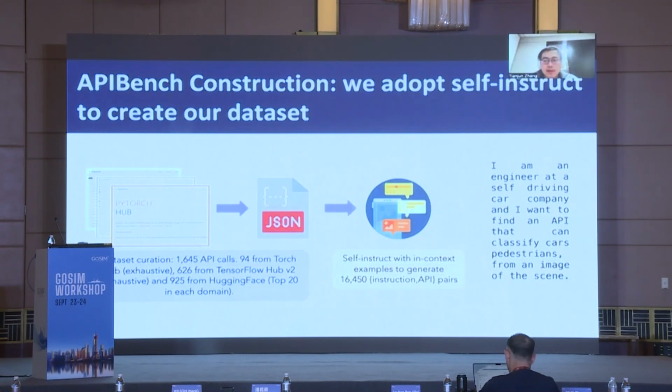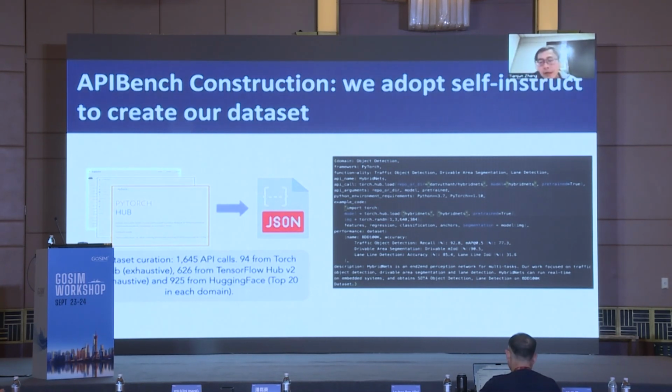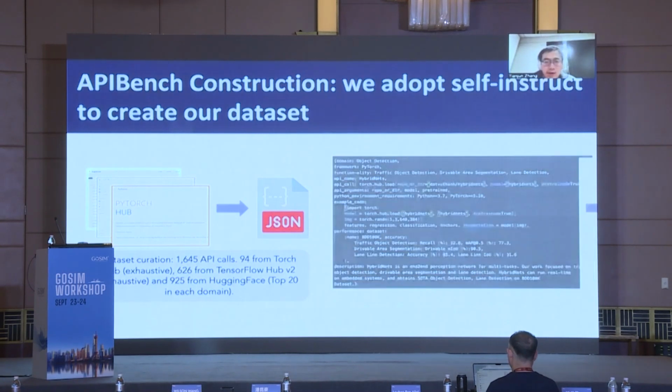Now the GPT-4 self-instruct framework would come up with a question: I'm an engineer at a self-driving car company, and I want to find an API that can classify cars and pedestrians from an image. So this is the question I will be answering. And the API call would be the previous one doing the object detection. So the model would read from this documentation and write the specific API calls.